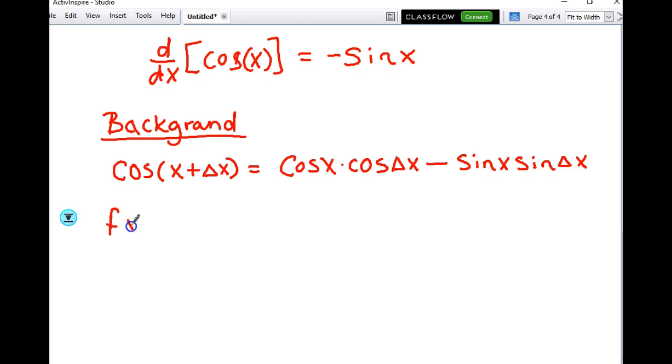So let's say then, for instance, that f of x is equal to cosine of x. I want to prove that f prime is equal to negative sine of x.